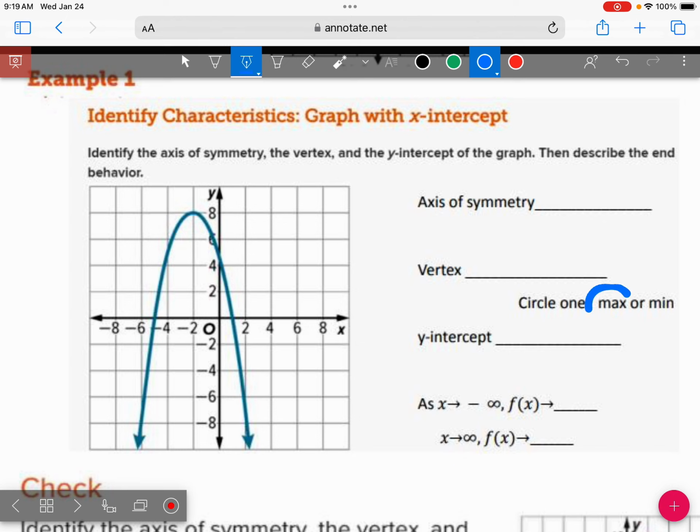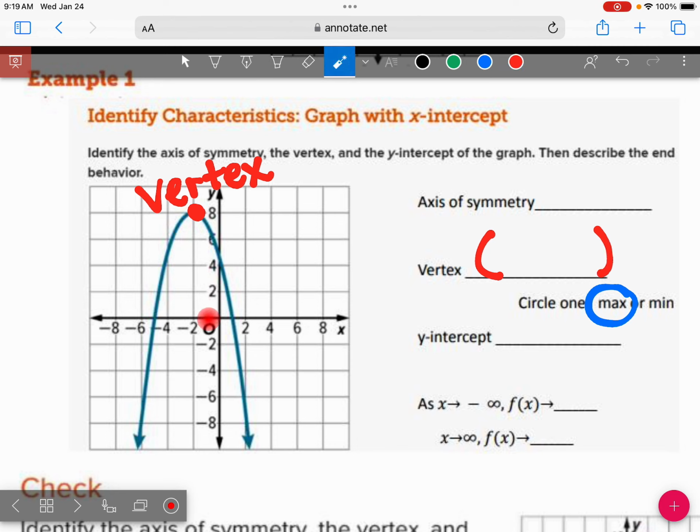So we're going to circle the word maximum. And where is the highest point? So does everyone see that red dot that I put on the graph? Do we agree that that's the highest point? That is called the vertex. It's my highest point.